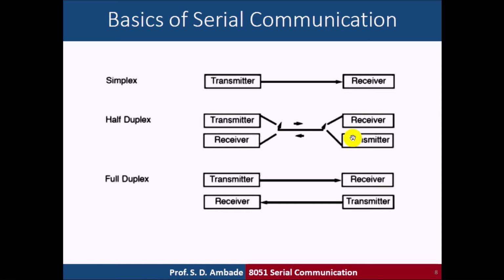There is no functionality of the other transmitter and receiver. Whenever this transmitter sends data, this receiver receives data, and the other transmitter and receiver are idle at that point. So at a time only transmission or reception of data is possible. That's why it is called a half duplex network.